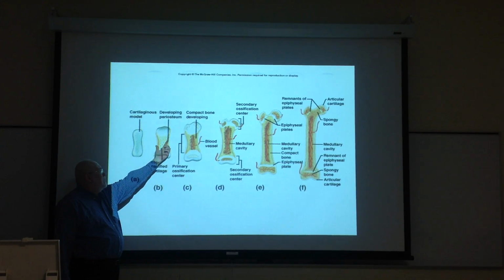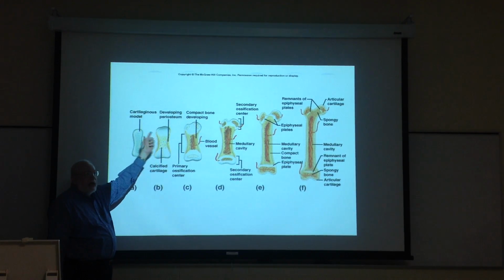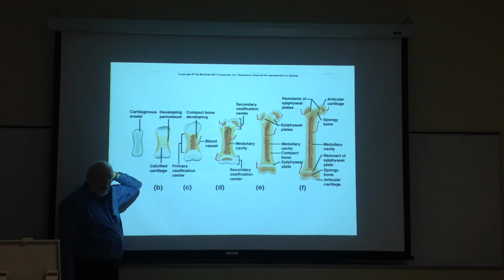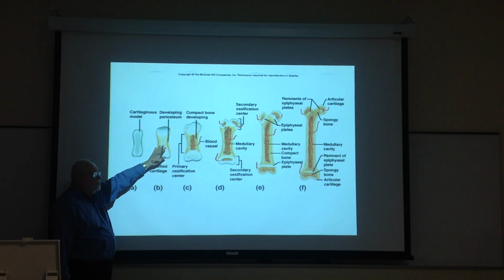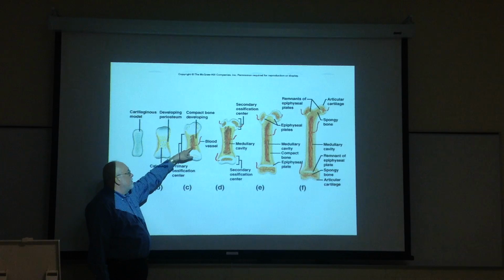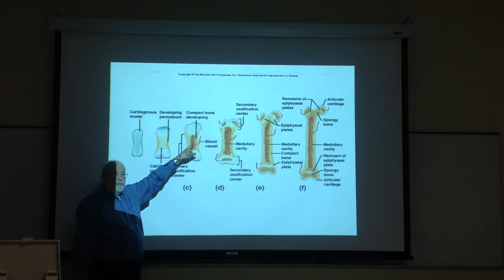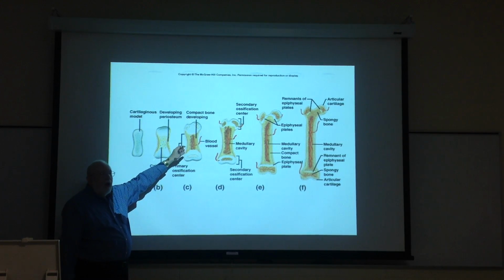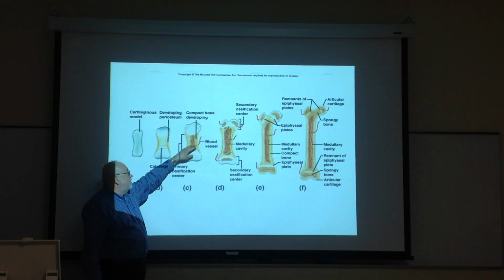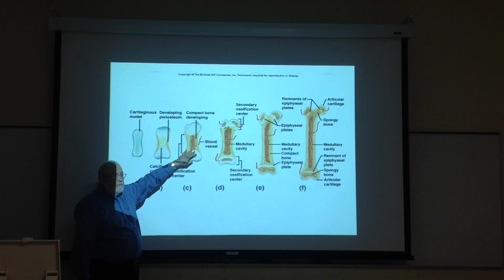And the matrix in here starts to calcify, shutting off the blood supply to the chondrocytes, which then start to die. And more blood vessels then perforate the area in the center. Osteoclasts enter, removing a lot of that old calcified matrix.